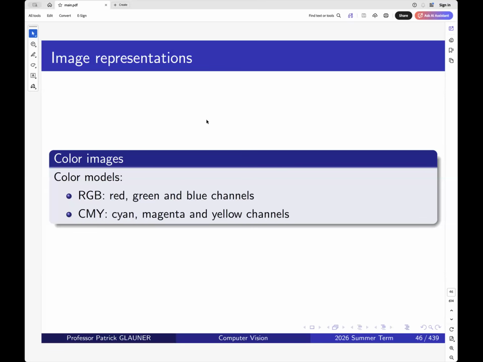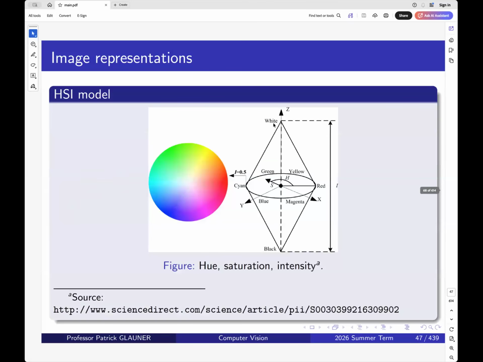There are very interesting algorithms that do this. But certainly converting from RGB to grayscale is much easier than the other way around, because you lose information when you add up three values and divide by three.